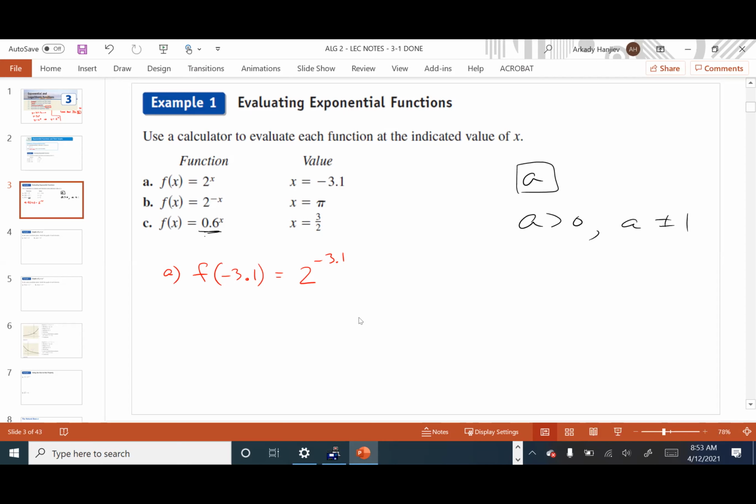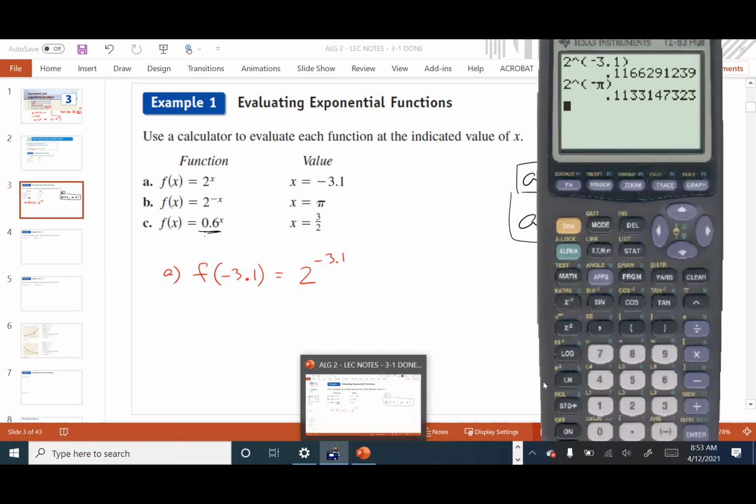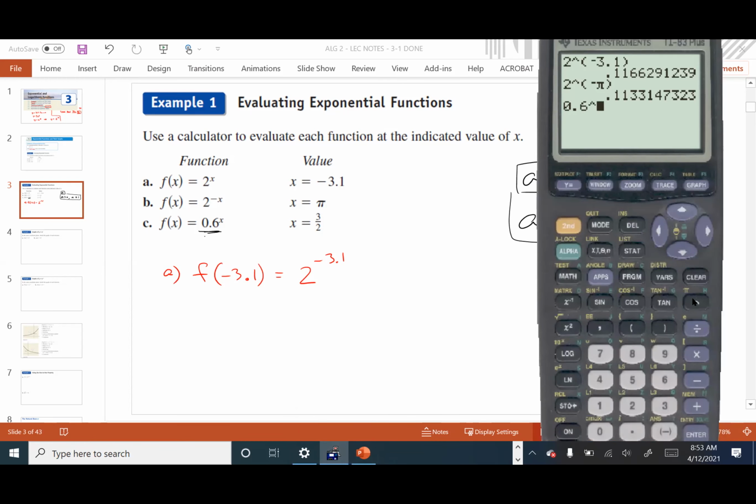Those are your 2 conditions right here for a. 0.6, does that fit those conditions? Absolutely. Okay, let's punch it in on a calculator. See what we got. So 0.6 to the power of, oh man, a fraction. Here it is. I got 3 divided by 2. Close that off.